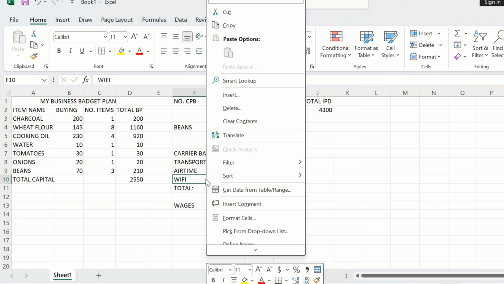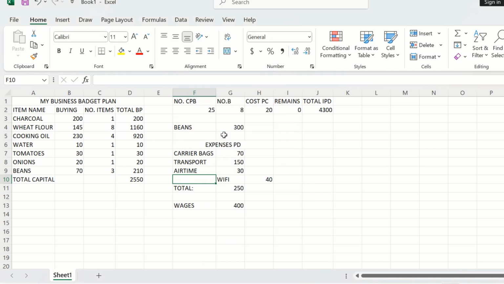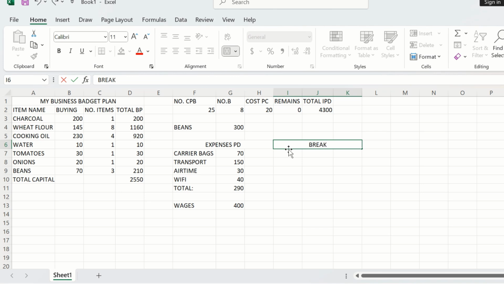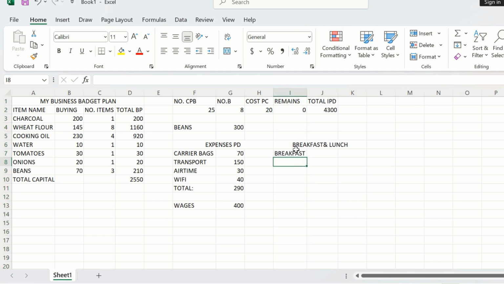So let's say just add here something else, and we call it breakfast and lunch, assuming that the employees are taking breakfast and lunch on your bill. Then we calculate the total.